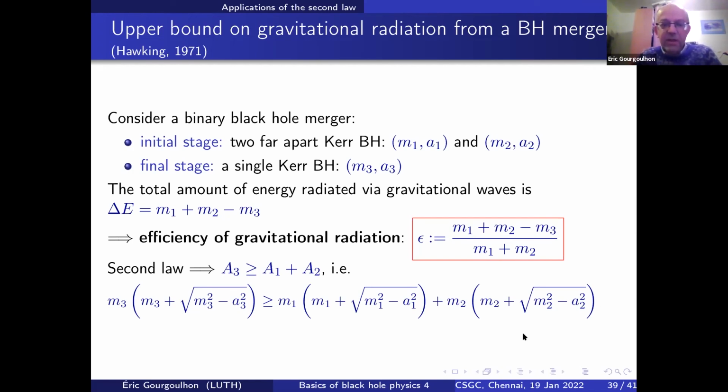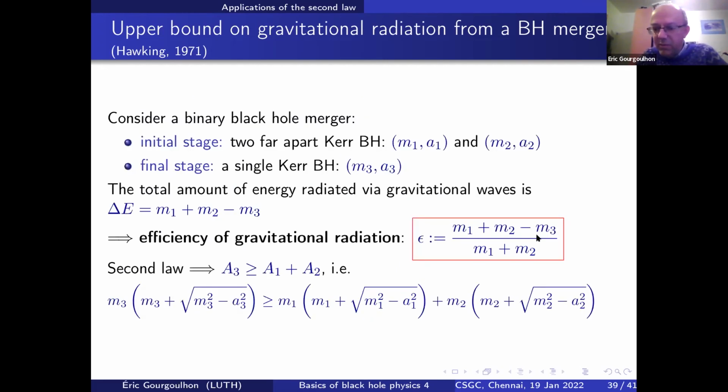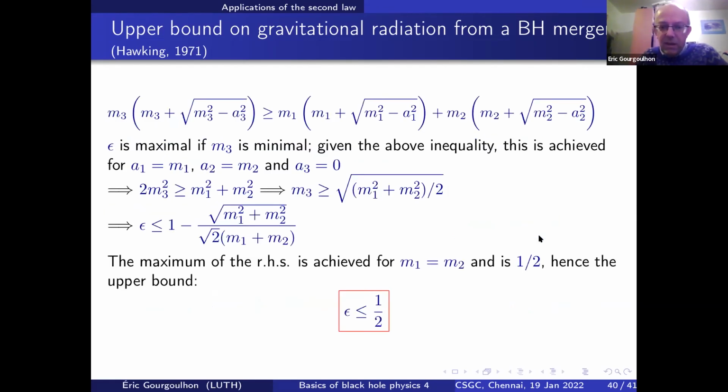Now, we want to maximize the efficiency of the gravitational radiation. This efficiency will be maximum if M3 is minimal. To have M3 minimal, we see that A1 has to be equal to M1 so as to cancel this term, and we want also to cancel that term.